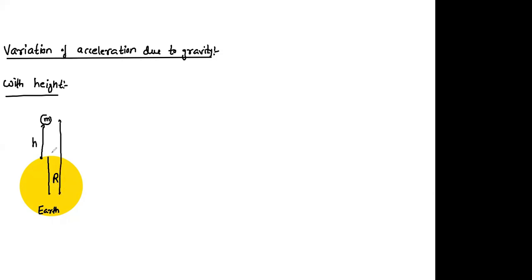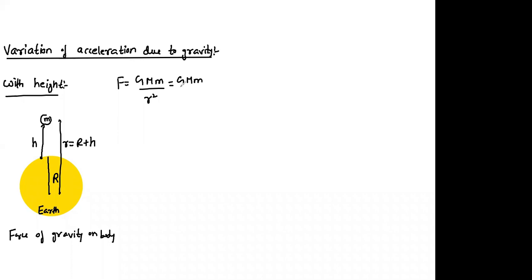The separation between the center of Earth and the body is r, which is R plus h. So the force of gravity on the body is G M m by (R plus h) square. This is the force of gravity.